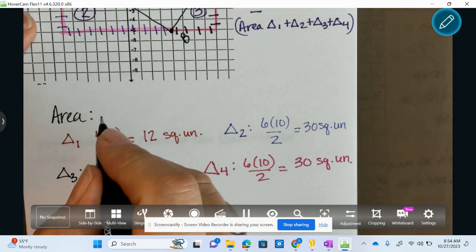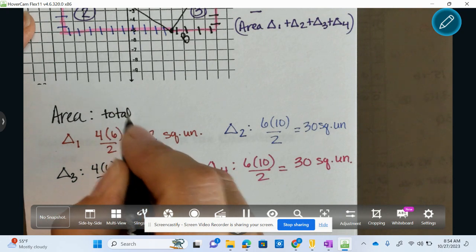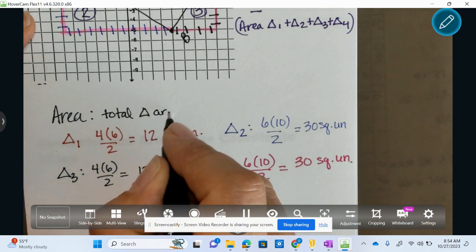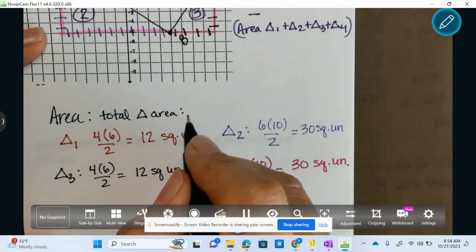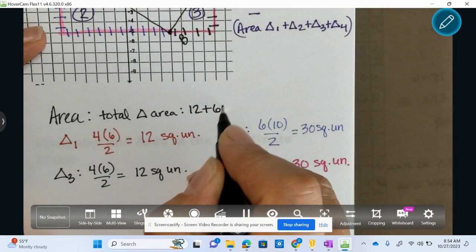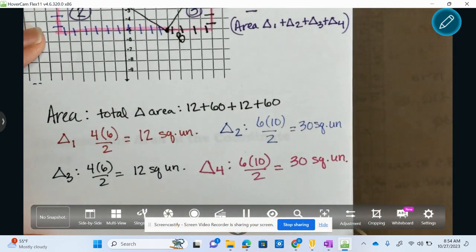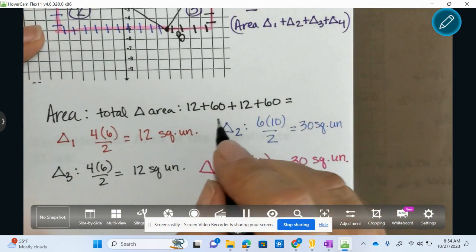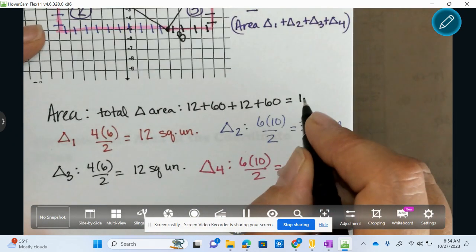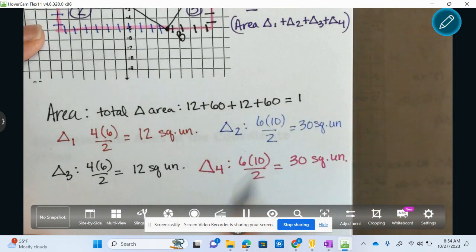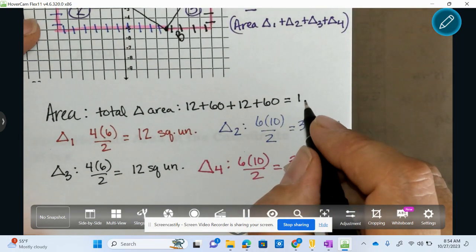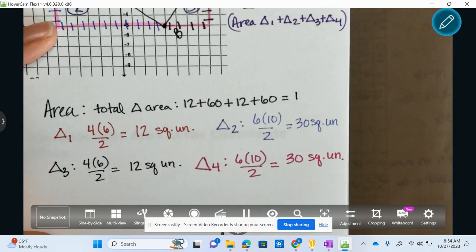So total triangle area. Well, that's 12 plus 60 plus 12 plus 60, which equals 144, I believe, right? Hang on a second. I'm doing the total triangle area.